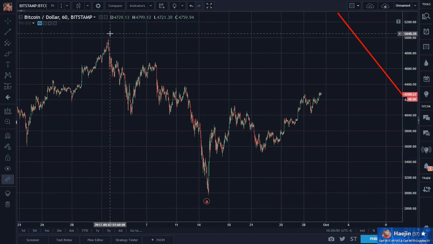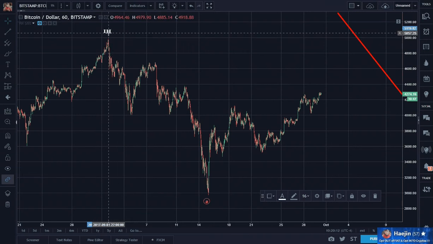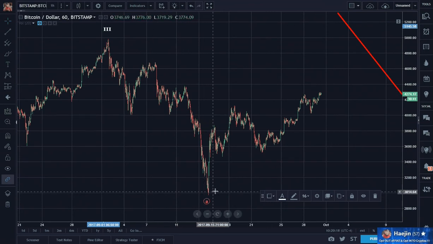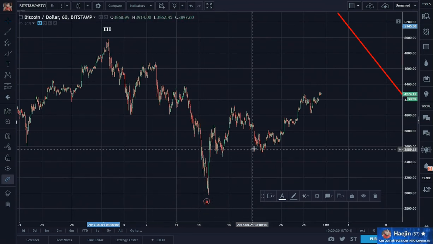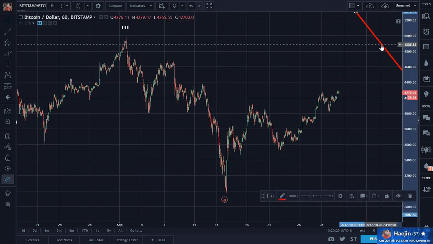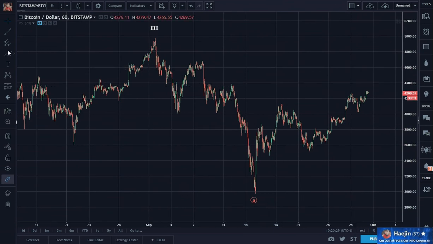So we know that this is wave 3, okay? And wave 3 was put in, and from there I started counting for an ABC, trying to project for a bottom of wave 4 to find the probable pathway.